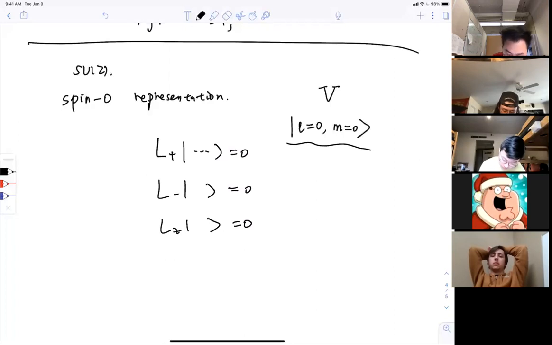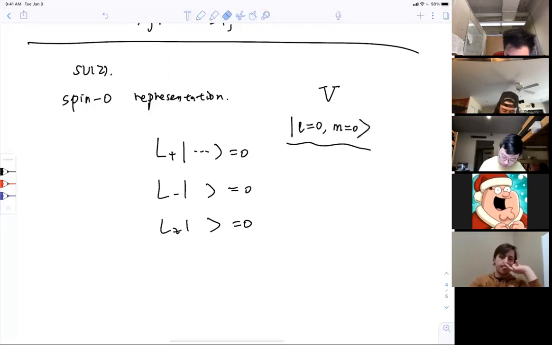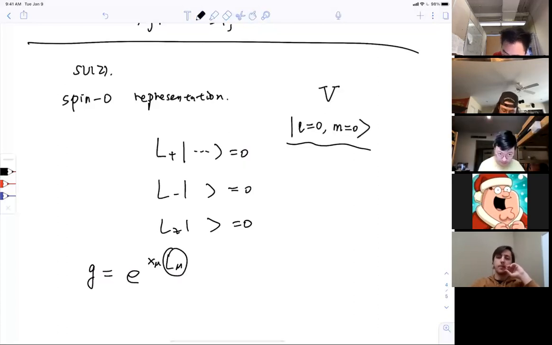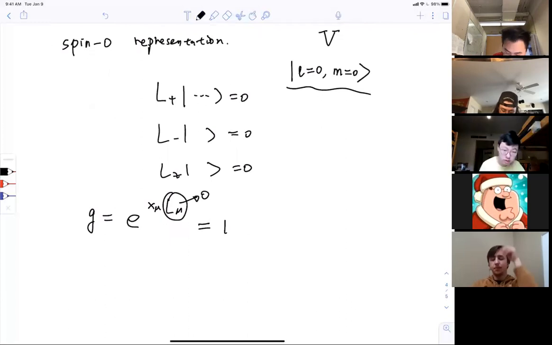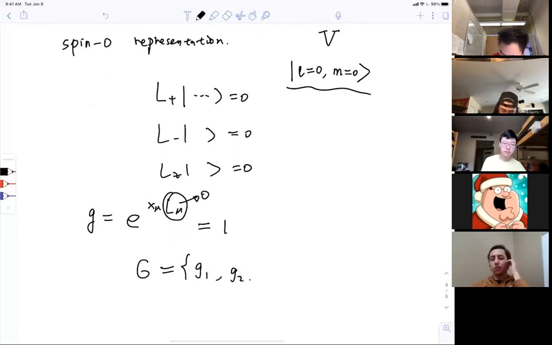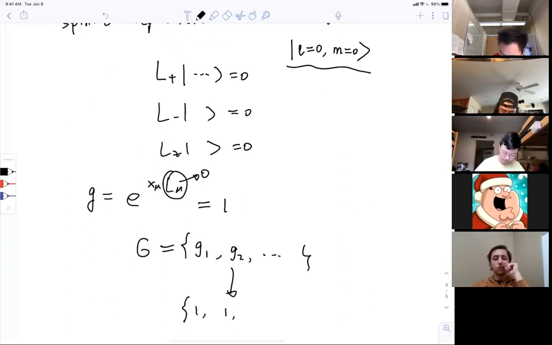And this tells us all the group elements. Remember, all the group elements equal to e to the x mu L mu. Now L mu are all 0, meaning that all the group elements map to an identity, right? So all the group elements, originally G1, G2, whatever, now after this map become 1, 1, 1, things like that.